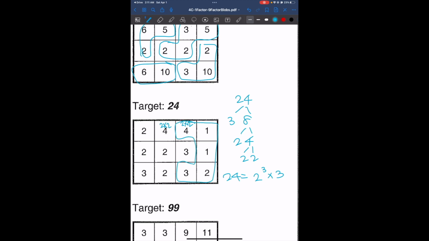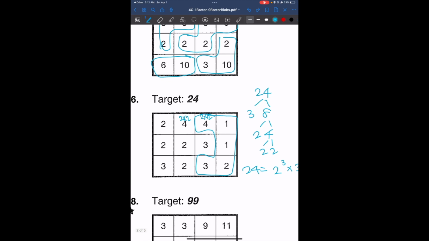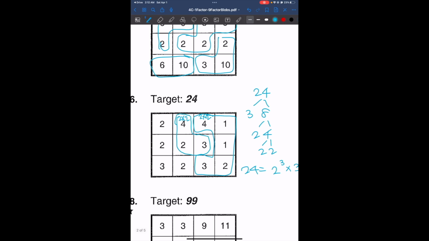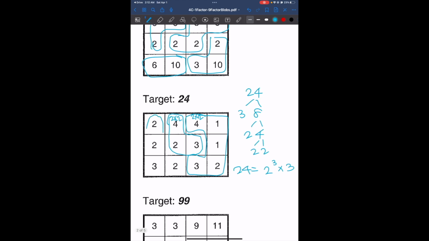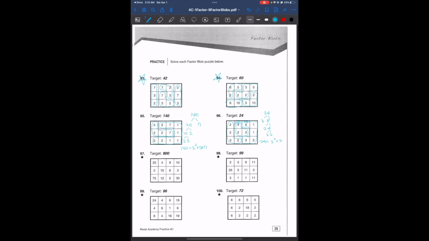So that's going to be one blob. We have 3 2s and 1 3. And then we're also going to group these three numbers together. So again, we have 3 2s and 1 3. And then we're going to group these 4 numbers together. We have 3 2s and 1 3.